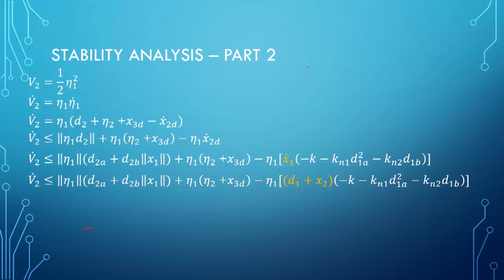So eta 1 is the variable. Okay, fine. This is a constant. And x1 is measurable, right?